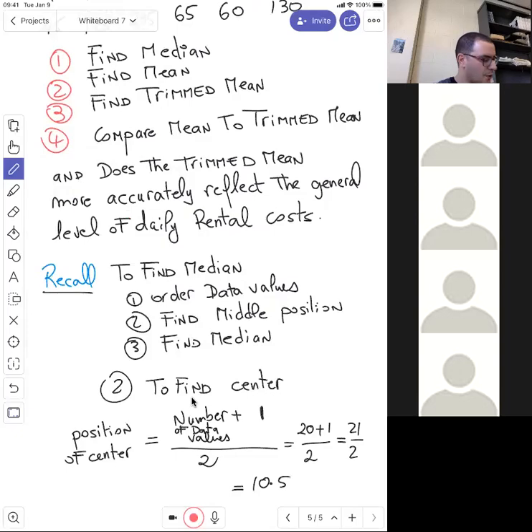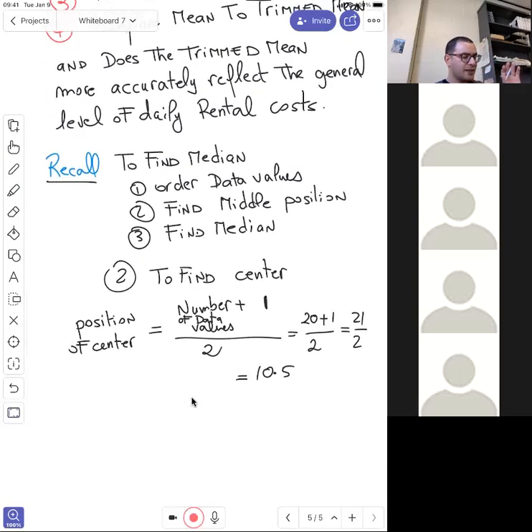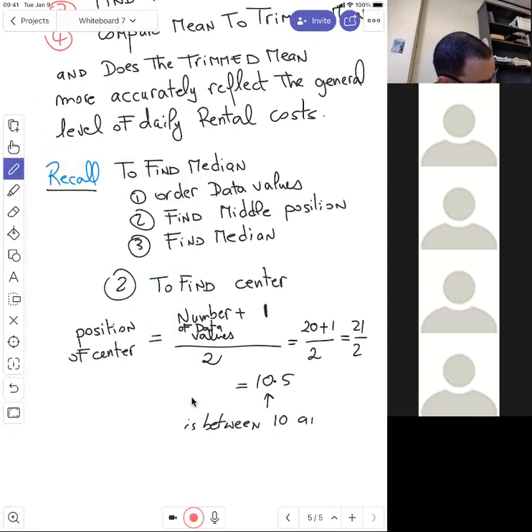So in other words, the position of the center is not exactly a number. It's actually between two numbers. 10.5 is between 10 and 11.